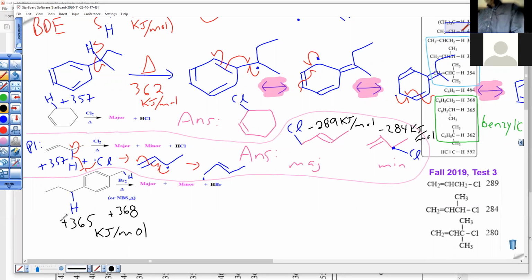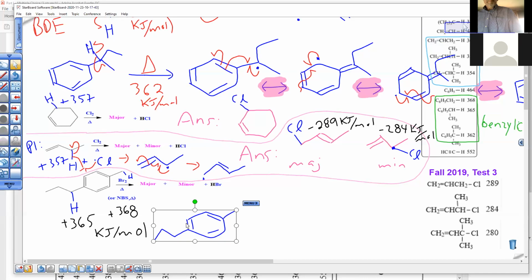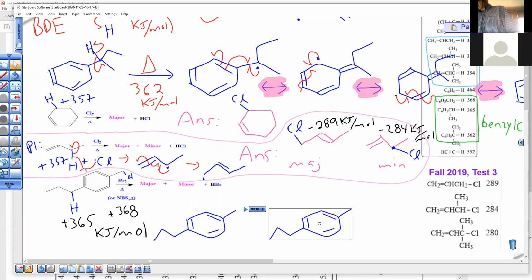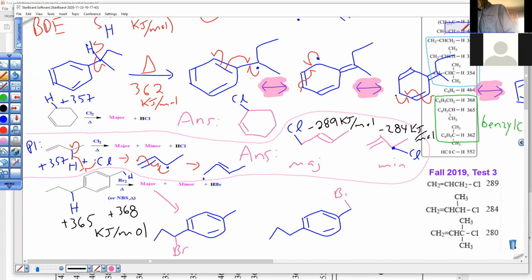So your majors and your minors, they both have benzene with a propyl group, para to a methyl. What's para mean again? As far apart from each other on benzene as possible. Major will be this one here with the Br here, and minor, the Br here.